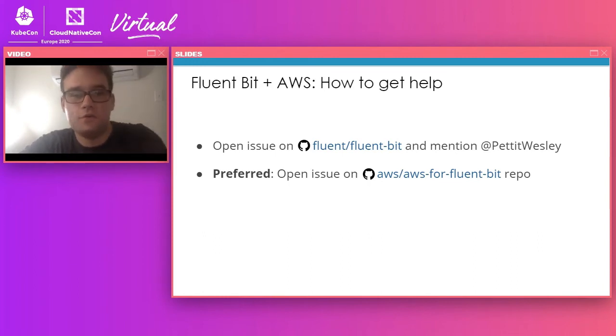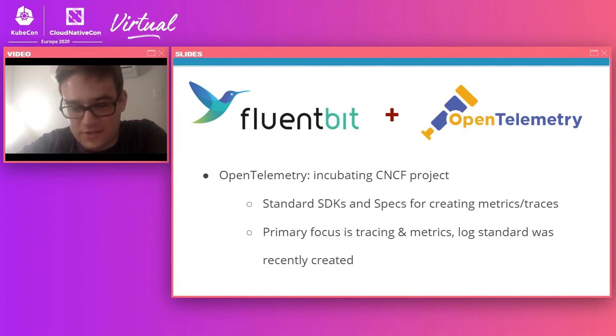So, okay, if you are an AWS user and you want to get help with Fluent Bit, how do you go about it? We have really high adoption of Fluent Bit, so we get a lot of questions and issues. The preferred mode is to open an issue on the AWS for Fluent Bit repo, because I have a bunch of folks at AWS who I have trained to understand Fluent Bit, and we can all work on answering your questions.